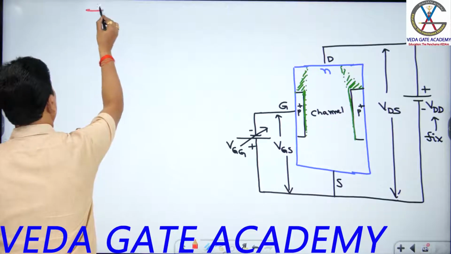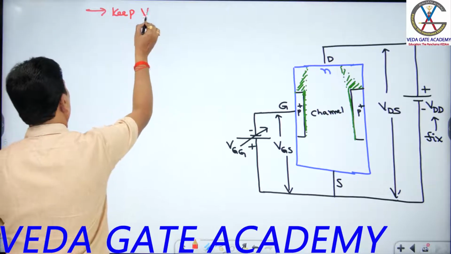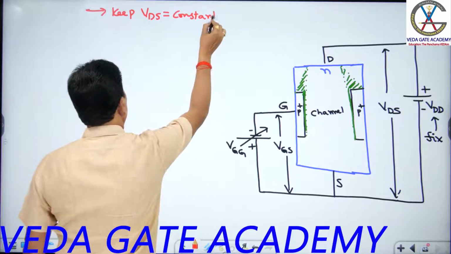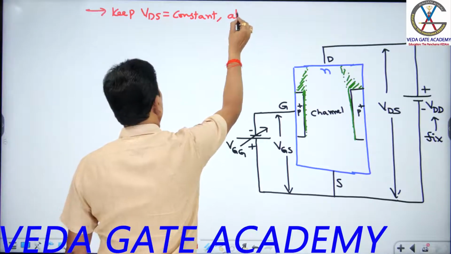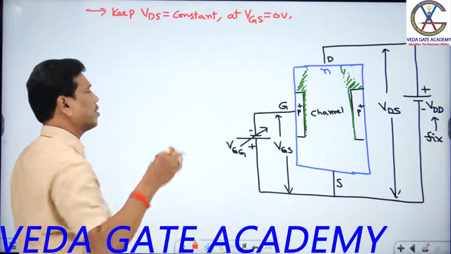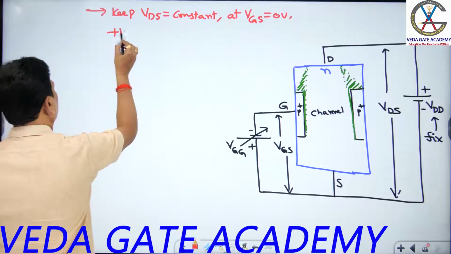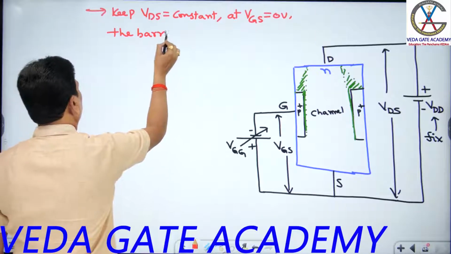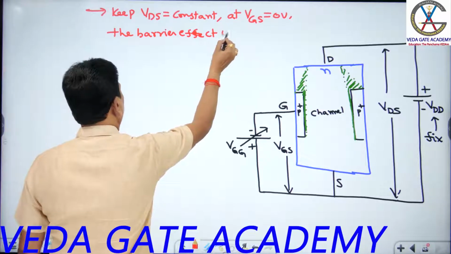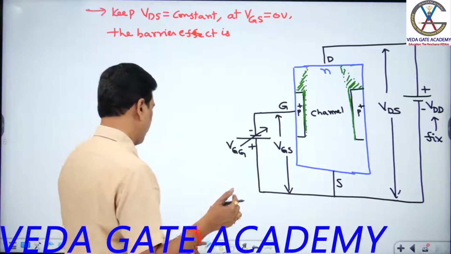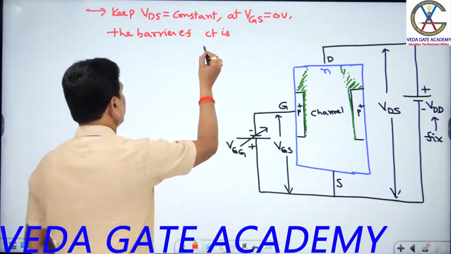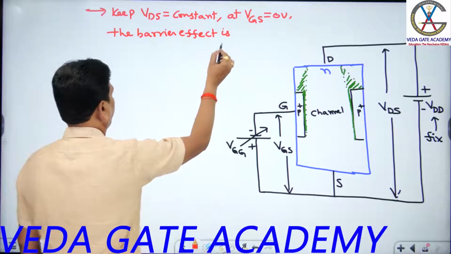Keep VDS equal to constant, at applied VGS equal to 0 volt. The barrier effect is negligible. Understood, students? The barrier effect is negligible, right?